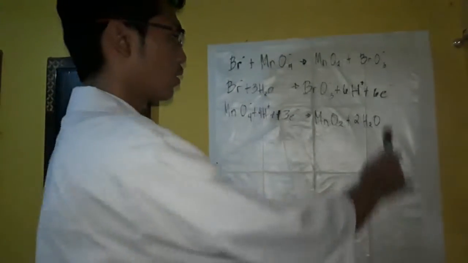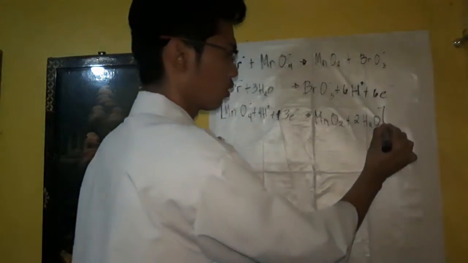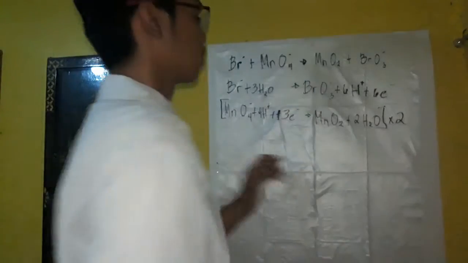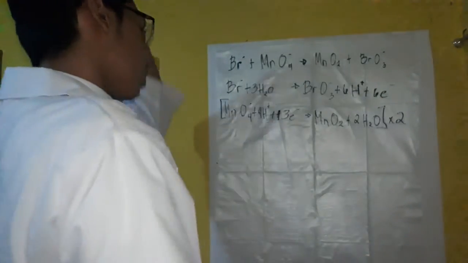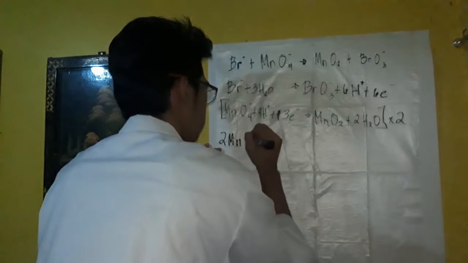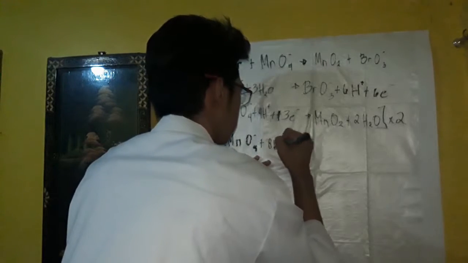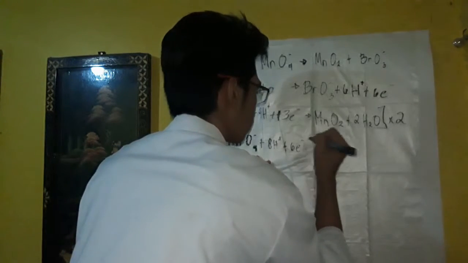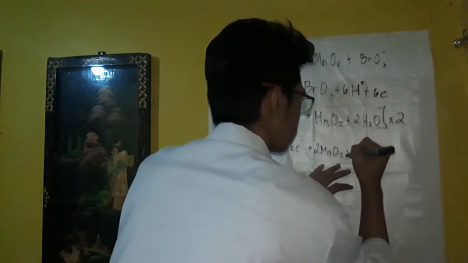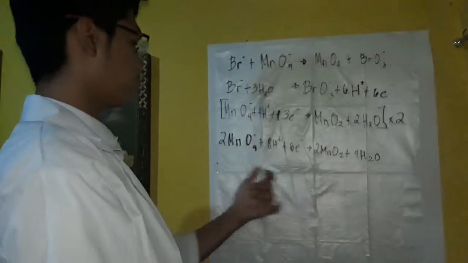But wait, the electrons are not balanced. So we will multiply this by 2 to make it 6. So this now will become the new equation for H2O.